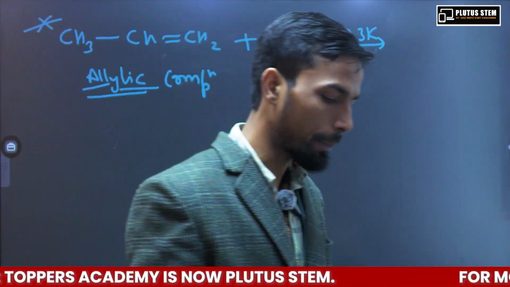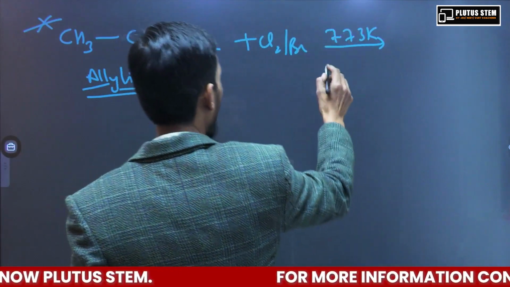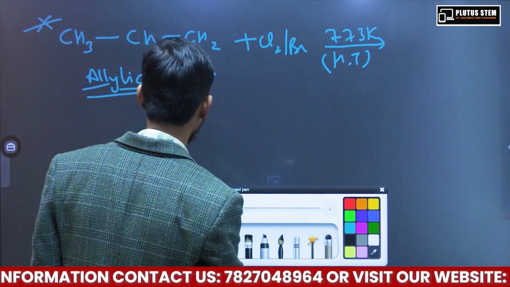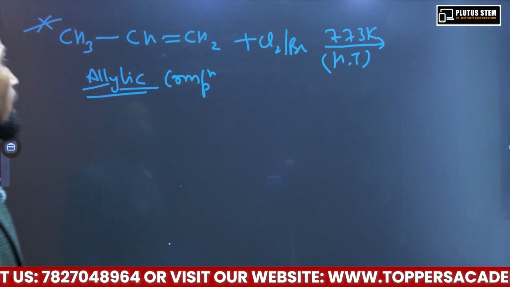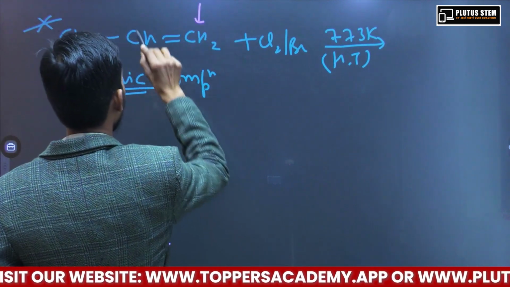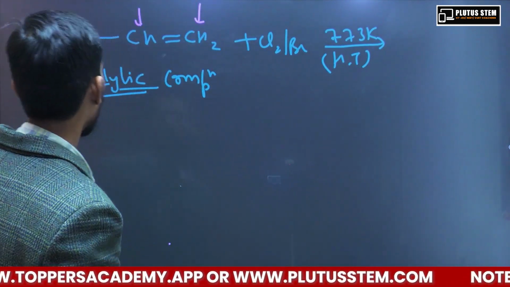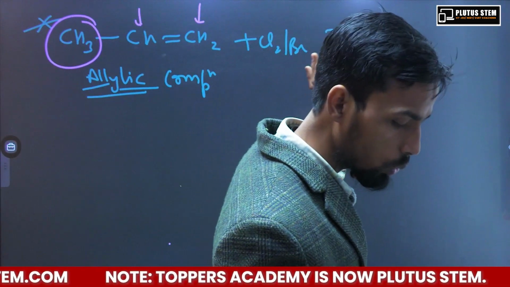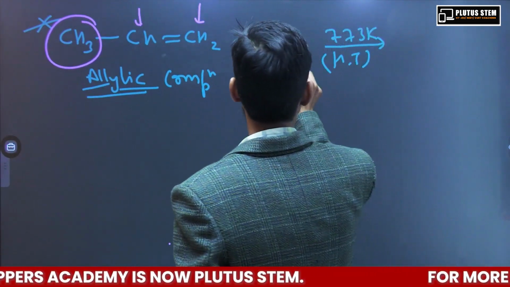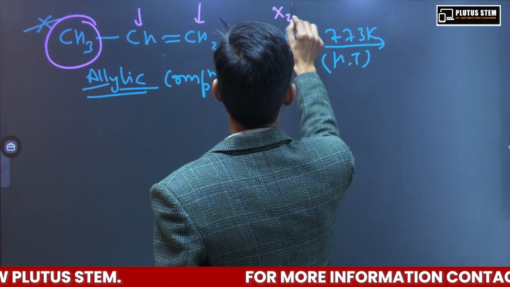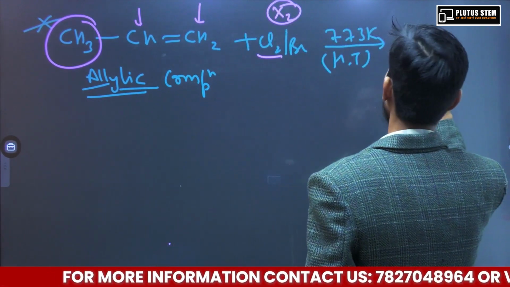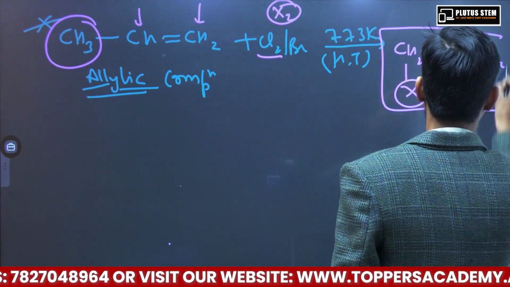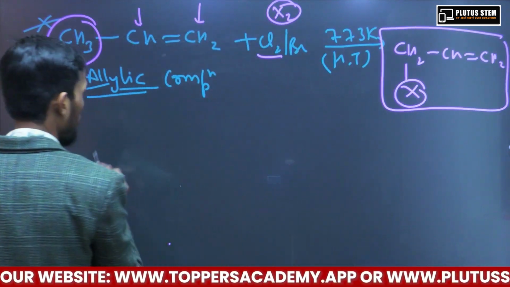Sometimes you will see it written as HT, which means a higher temperature is being used. So now the halogen will not attach at the double bond, but at the allylic position. If we use X2, the product will be CH2 single bond CH double bond CH2 and X over here. So addition at the allylic position.